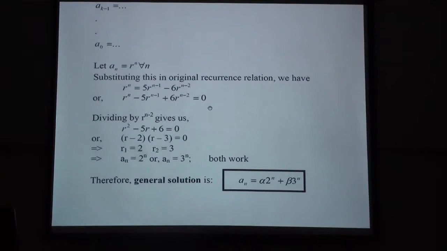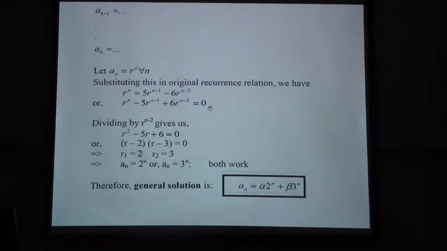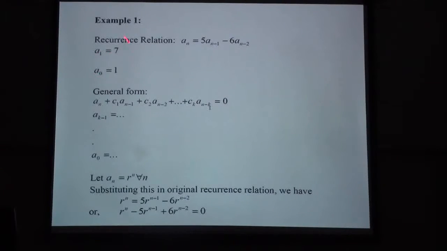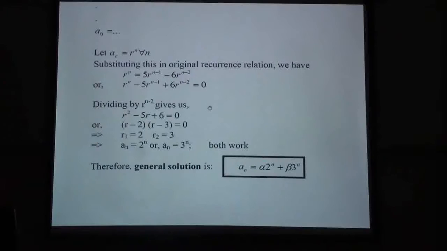A general solution is a solution to the general equation without consideration of the initial conditions. Meaning any recurrence that looks like this, but has different initial values or initial conditions, will have a solution that looks like this.